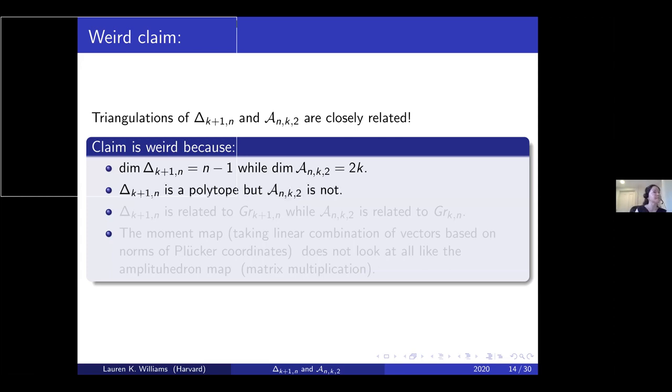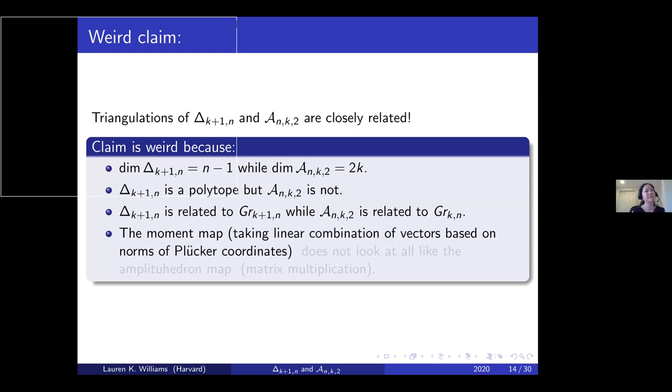The hypersimplex is a polytope, but the amplituhedron is not. The hypersimplex is related to Gr_{k+1,n}, while this amplituhedron is related to a different Grassmannian. And the moment map just doesn't look like the amplituhedron map. At least I don't see any similarities. But nevertheless, we're going to claim that triangulations of the hypersimplex and the amplituhedron are very, very related.